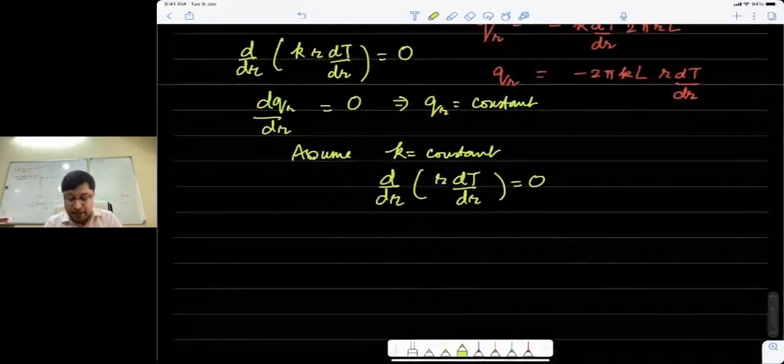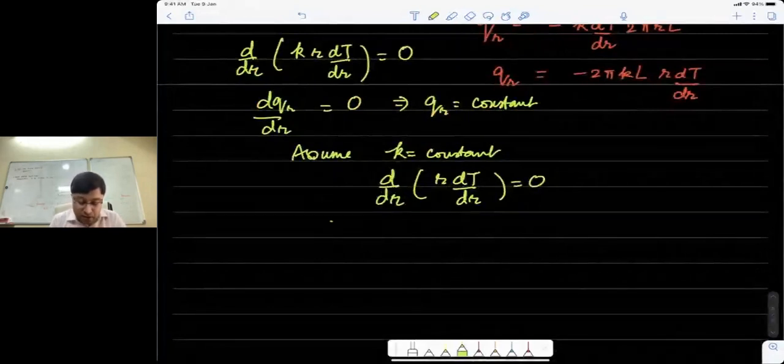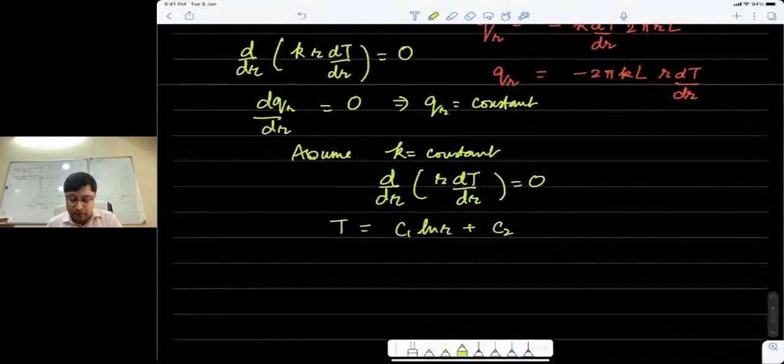It means r dT dr is constant, which means you can integrate one more time. So you get temperature would be some C1 log of r plus C2. That is the general solution for this kind of equation.